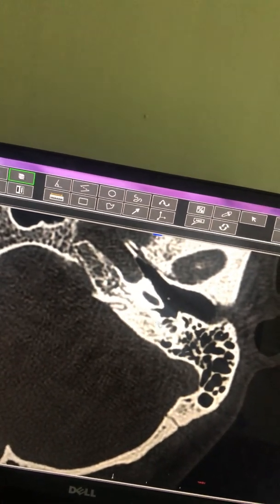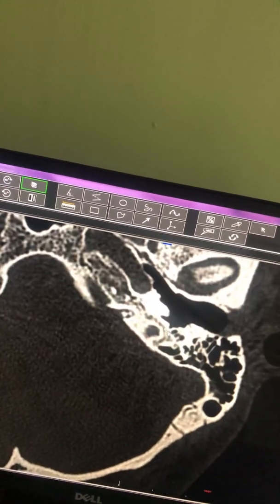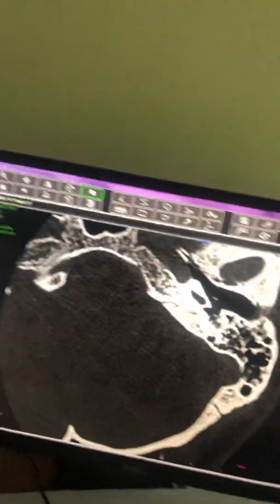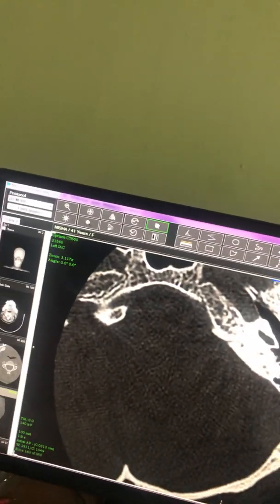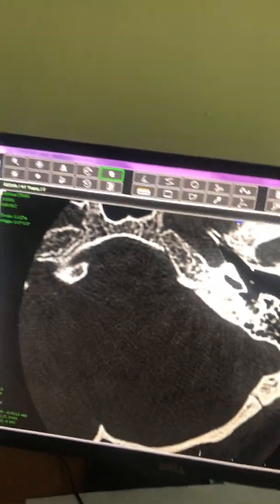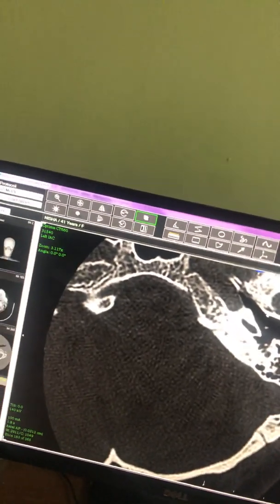Much more clear in this sinus tympani. Okay, so that is there. That happens around the hypotympanum level.